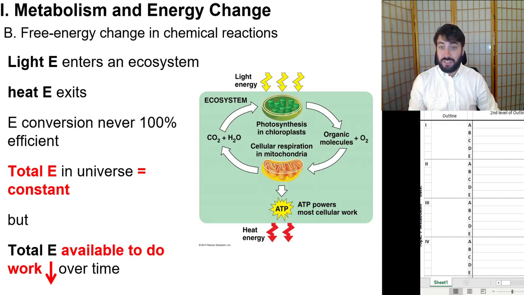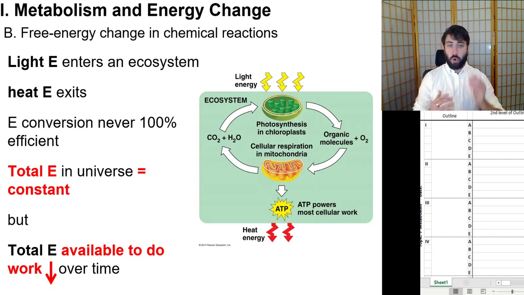However, each of these steps in this process loses some heat. So every time you convert light energy into chemical energy, heat gets produced. Every time you convert these organic molecules into ATP, some heat gets lost, and so on and so forth.